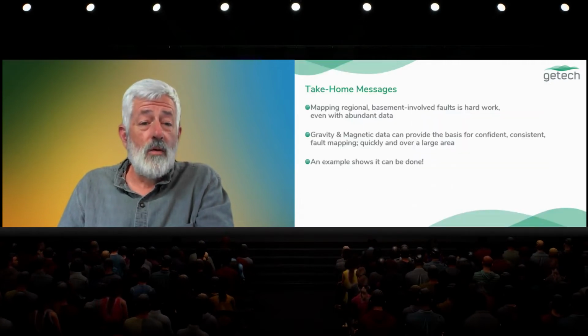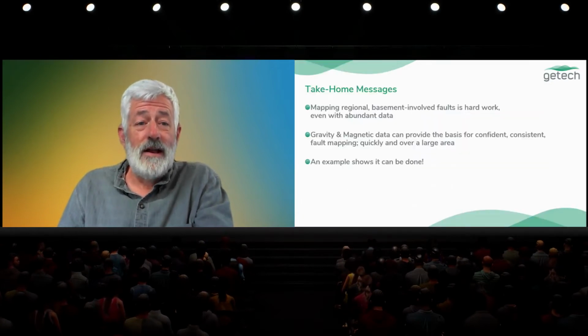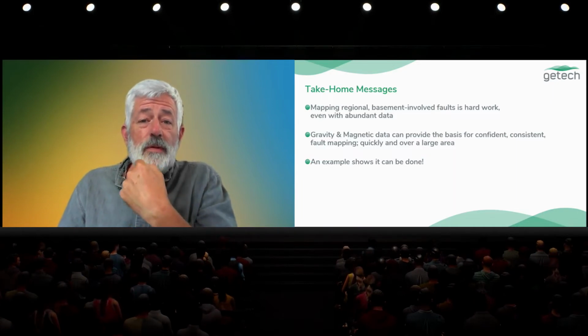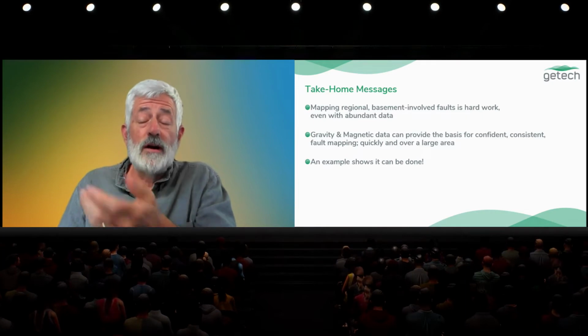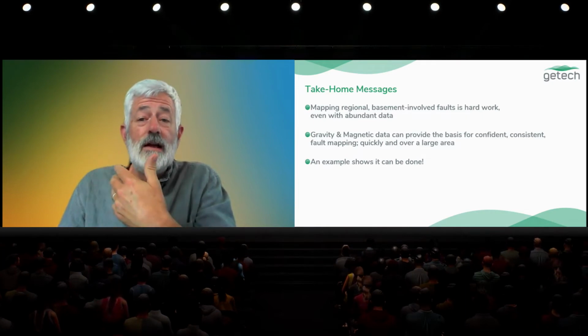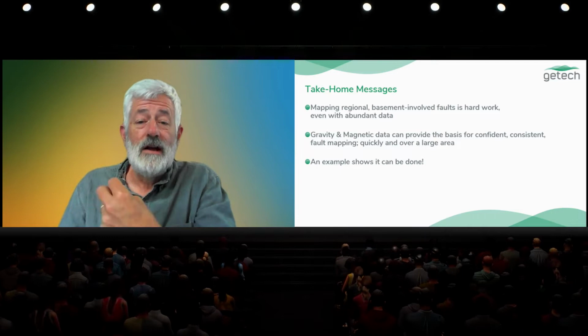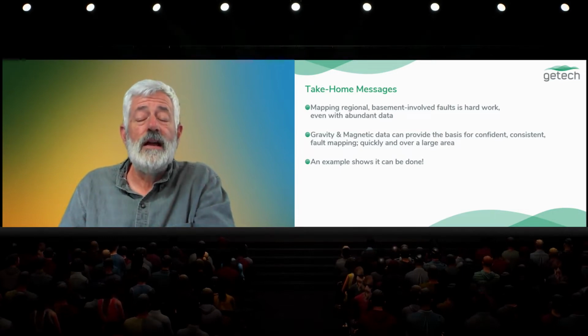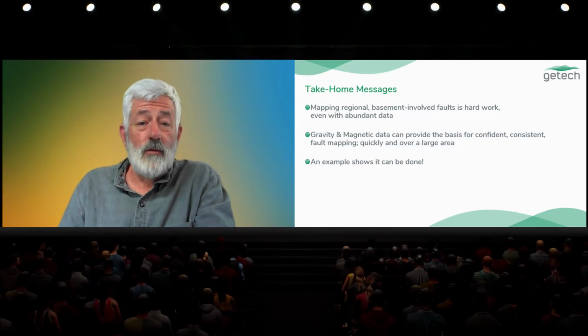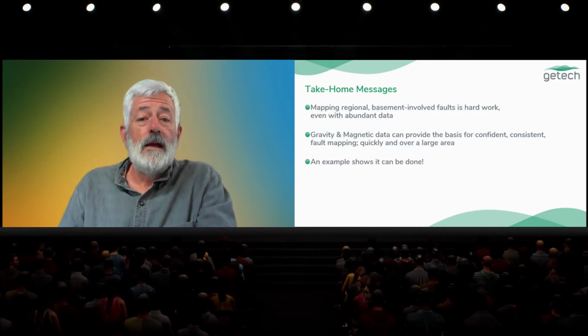And I hope when we walk away after about 8 or 9 minutes, that you will appreciate that mapping those regional basement involved faults is hard work. I mean, you really have to expend a lot of effort. And the hard part is to make sure that you not only account for your own little postage stamp of your lease or your acreage position or your 3D survey, but that the fault network hangs together across a big territory.